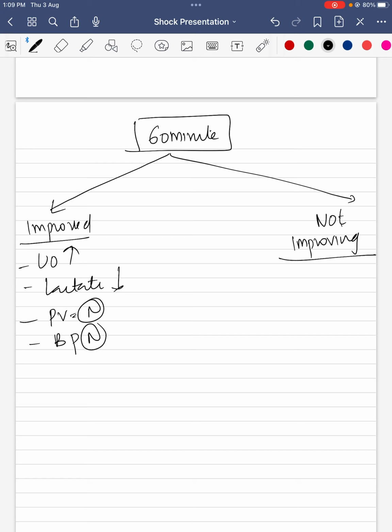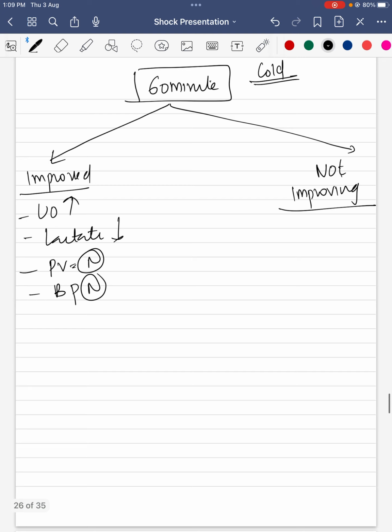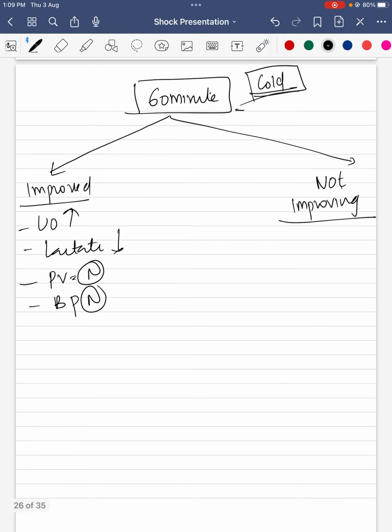This much clear? Not improving. So now I am telling about only cold shock. Okay, please be aware that I am discussing about cold shock. What to do with the cold shock after 60 minutes? Please keep in mind, in our clinical setup majority of the time we usually come across cold shock. So please be careful in this discussion.